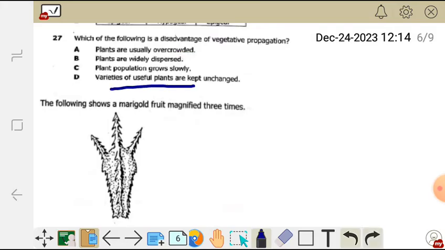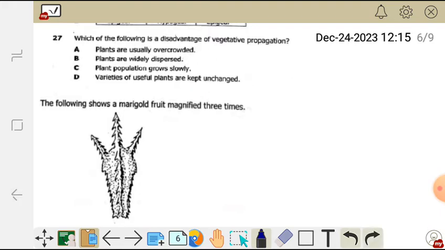Varieties of useful plants are kept unchanged. That is an advantage. This is an advantage, because if very good plants are unchanged, meaning their use will also be unchanged, they will remain the same, and then if we want to use them, we'll find them unchanged. Okay, so that is an advantage.